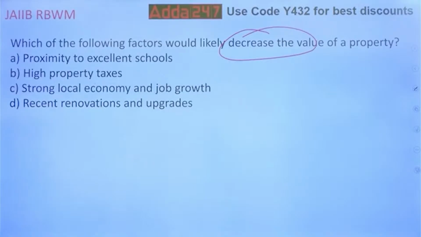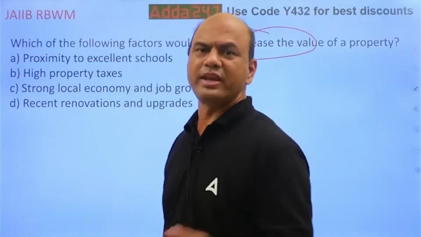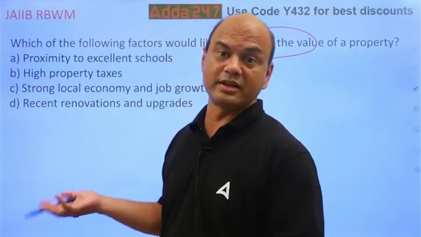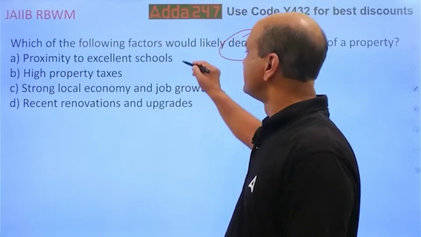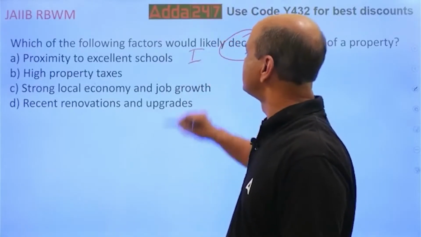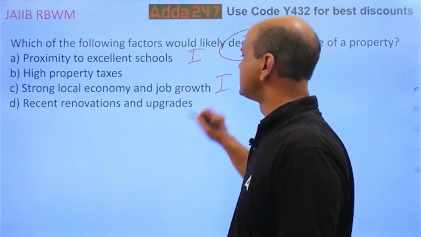Proximity to excellent schools. So that will increase or decrease? That will increase the value, isn't it? Proximity to malls, shopping malls, it will increase. Proximity to the job, it will increase. Look at IT parks, various IT parks, and the flat cost near that IT park. Huge, isn't it? So increase, this will increase. Strong local economy and job growth, increase.